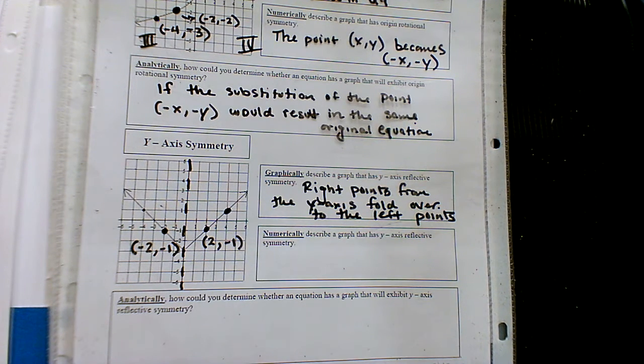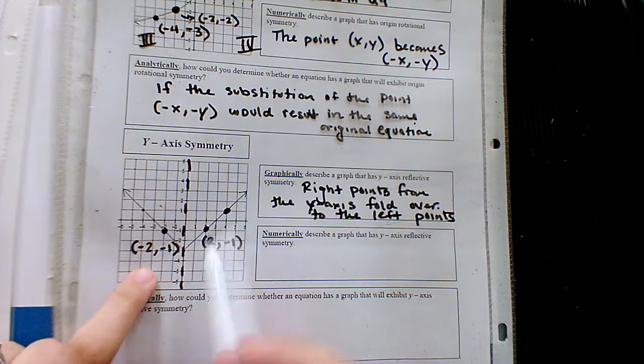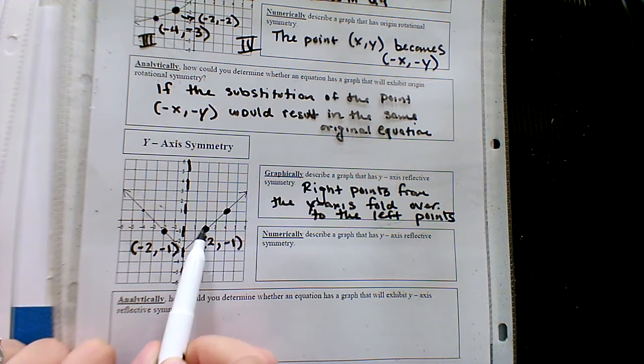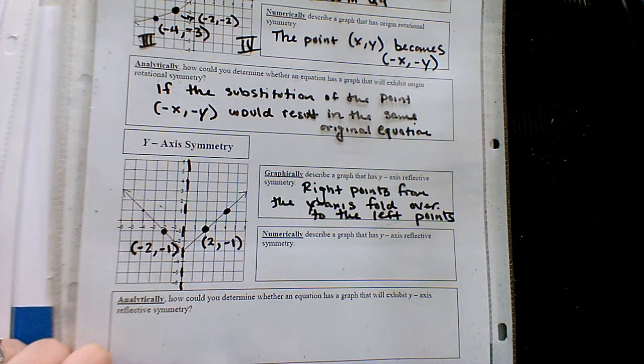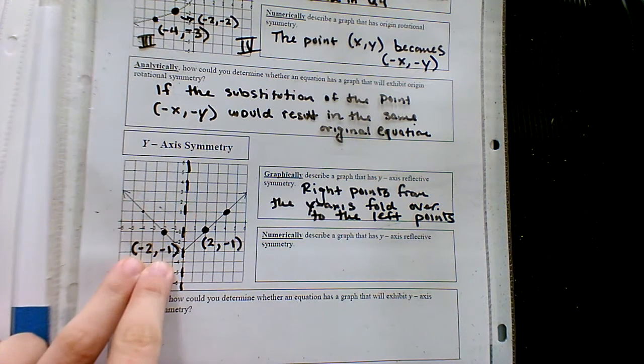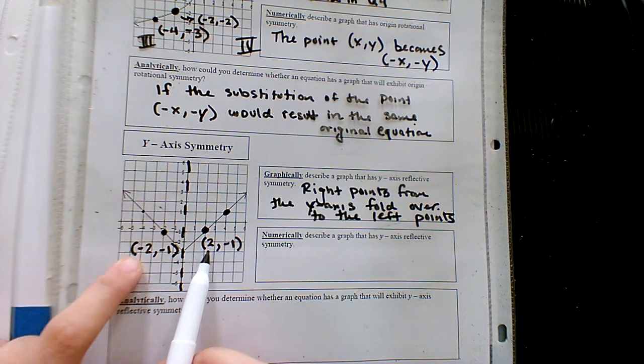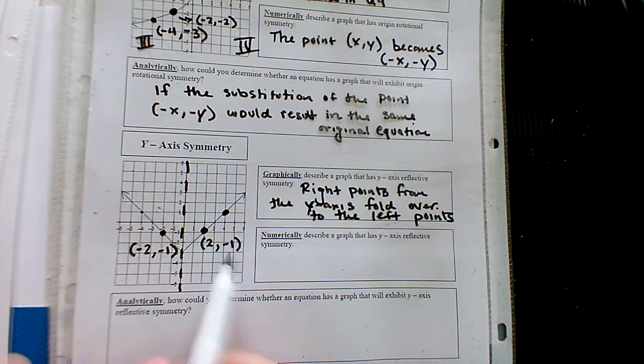Okay, so we're trying to find that connection. What are the values that are changing or becoming opposites? So for instance, if we start with this point on the right, which has the ordered pair 2, -1, and we fold it over that y-axis, that imaginary dotted line, it would then match up with this point. So notice how the x value changed sign, but the y value stayed the same.